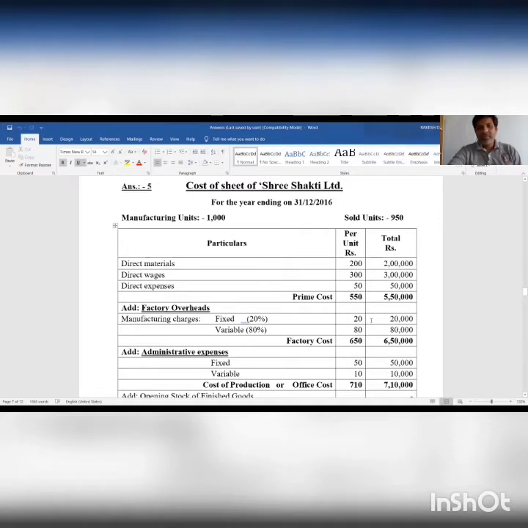Now to calculate per unit, divide by production units. There are 1,000 production units. So 20,000 divided by 1,000 is 20 rupees per unit. In the same way, 80,000 divided by 1,000 is 80 rupees per unit as variable. Now we add factory overheads to prime cost. So we get rupees 650 unit wise and 6,50,000 in total amount, which is considered the factory cost or works cost.